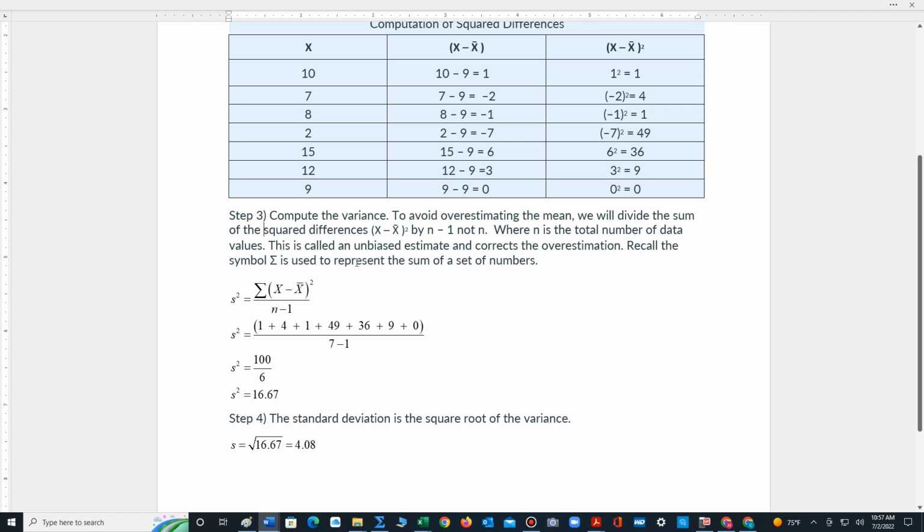So 7 minus 1 is what we divide by. This is called an unbiased estimate and corrects the overestimation.